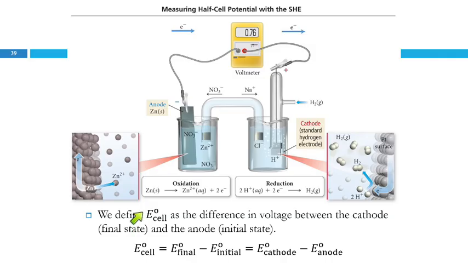So E for the cell, each of these is a half cell, like they have half reactions. For the overall cell, it's the difference in voltage between the cathode and the anode. The cathode's the final state, the anode's the initial state. So we always draw it this way with the anode on the left and the cathode on the right. And that's where our new phrase, an ox and a red cat, comes in handy.